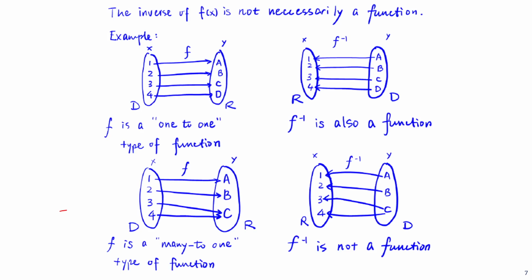So if you consider this case here, the inverse of these types of functions is a 1-to-many, which means if you consider the reverse direction, every input does not necessarily have one unique output. For example, if you consider C here, the same input ends up with two different outputs, right? So the reverse of this function is not a function.